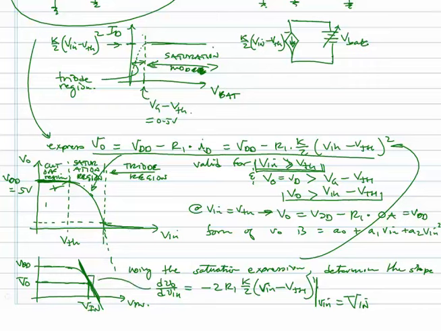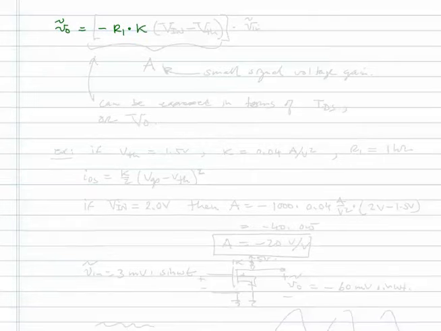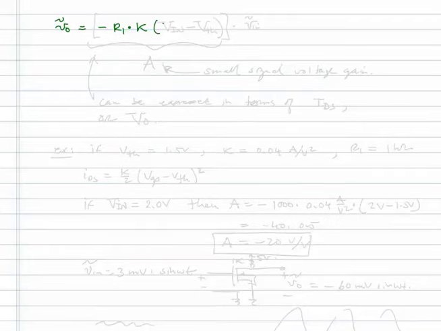So we really have minus R1 times K. To summarize, we have VO, and I'll put a little small signal now. VO is going to be equal to minus R1 times K, 2 times K over 2, times capital Vn minus V threshold, that whole thing times little Vn. This is our small signal voltage gain.